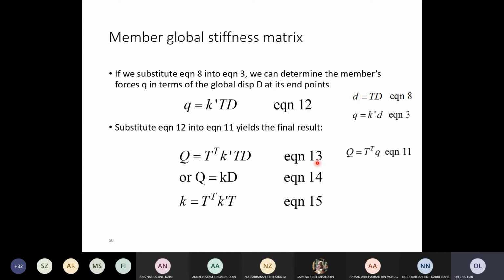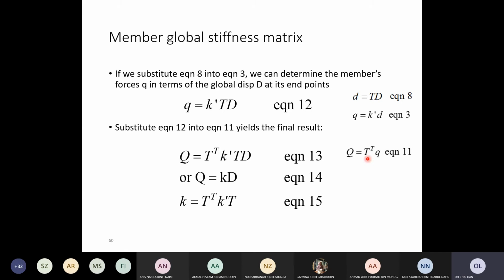Then how to get this equation 13? Please refer to this equation 11. This equation 11 is what I explained earlier, where we relate the global force with the local force using the force transformation matrix.